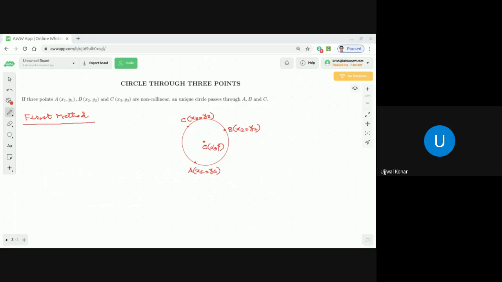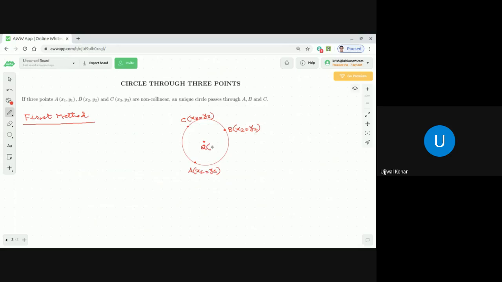Now, what we can find is the circumcenter and circumradius. So I should not call it C, it is not good to take it as C. So let's take the center as some other point. A, B, C are already taken. Now suppose let's take it as Q.